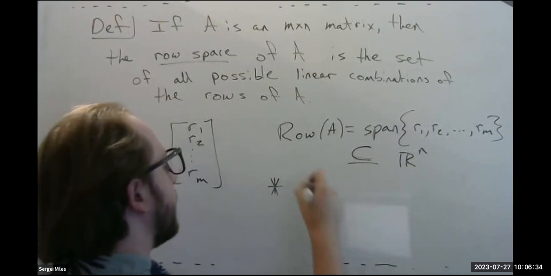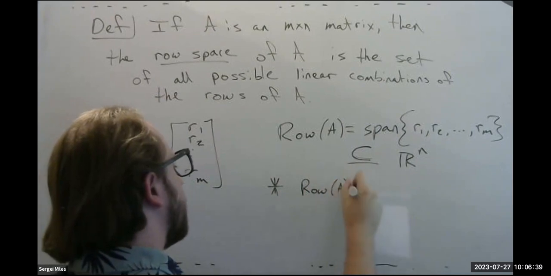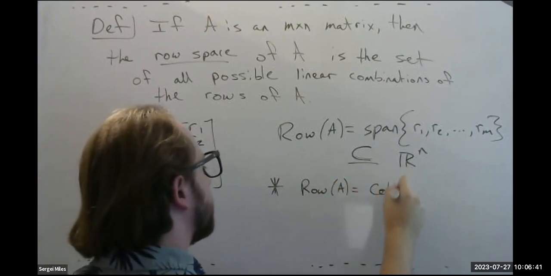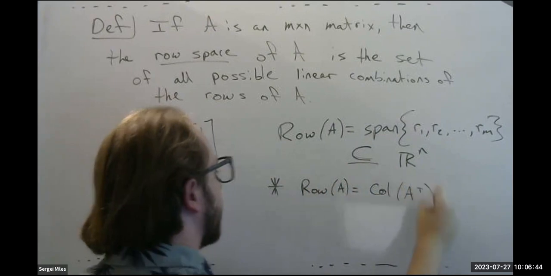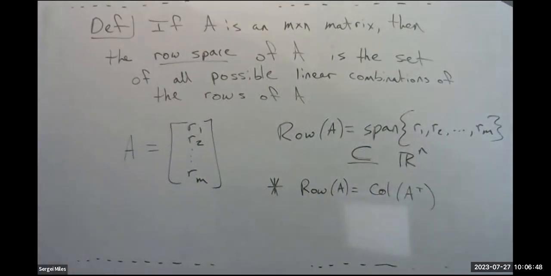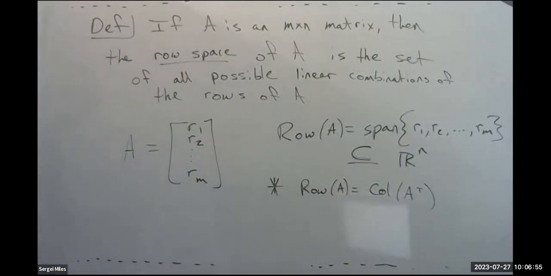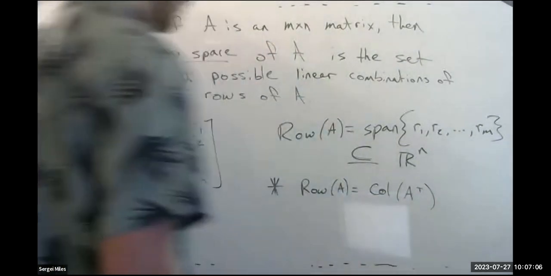But the last thing I want to highlight is that the row space also equals the column space of A transpose. Why? This seems bizarre. Why is transpose popping up out of nowhere? Well, remember, what does the transpose of a matrix do? The transpose of a matrix is a matrix where the rows and columns are swapped. So what is the column space of A transpose?